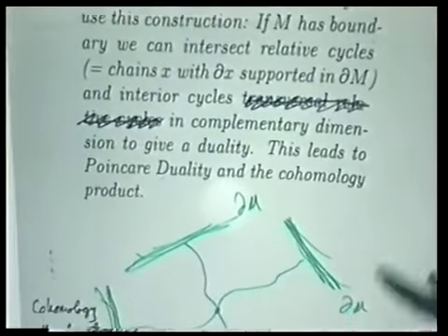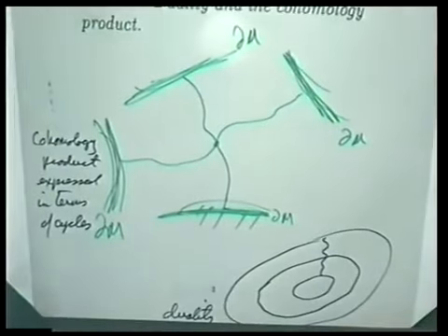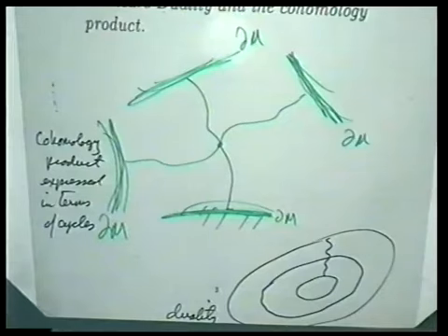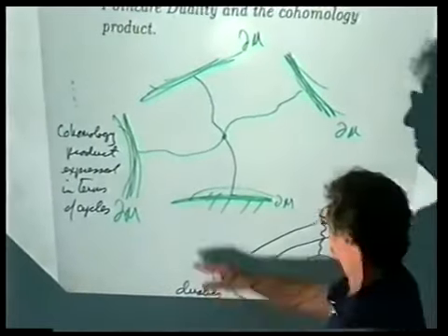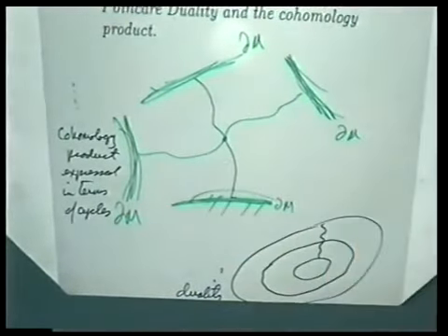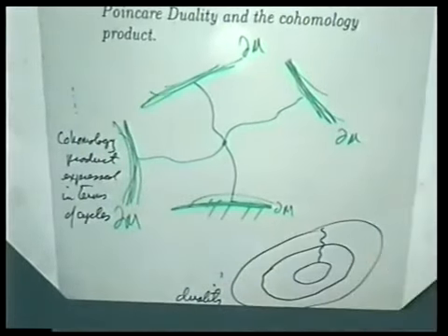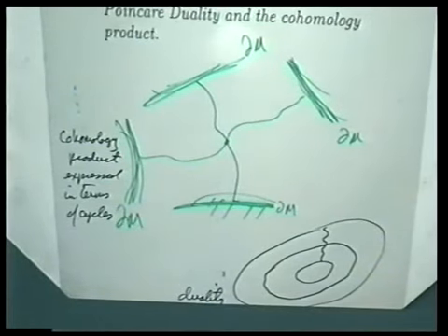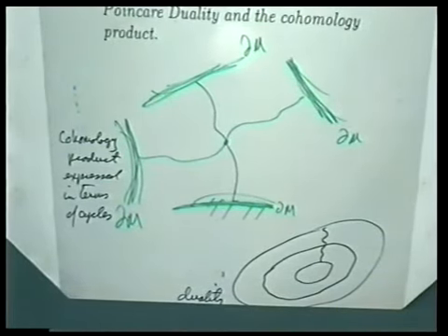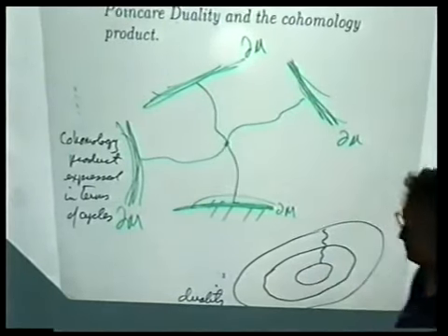If you intersect something like this and something like this, the intersection will run over to the boundary. And the relative cycles also form an algebra. This is an explanation at the level of cycles why cohomology has a product structure for all spaces. Because every space, even with singularities, can be thickened up, at least in finite parts of it, to be a manifold with boundary. And then these relative cycles can be intersected, and you get a product.